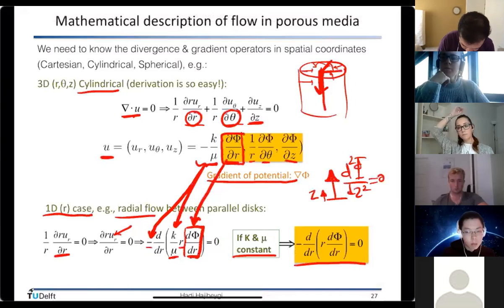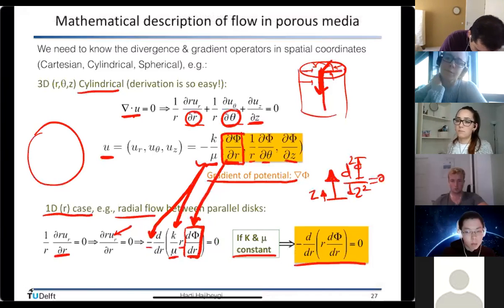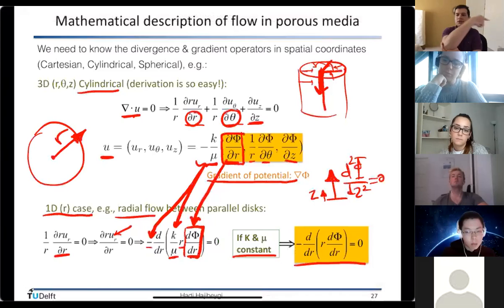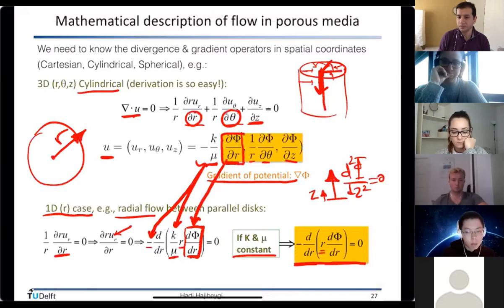For the radial coordinate, where I only have radial dependency of the pressure on R, nothing would change across theta or Z, and I'll get a more complicated equation. It still has an R inside, so I can't just write d square phi over dr2. It has ddr of r times phi.